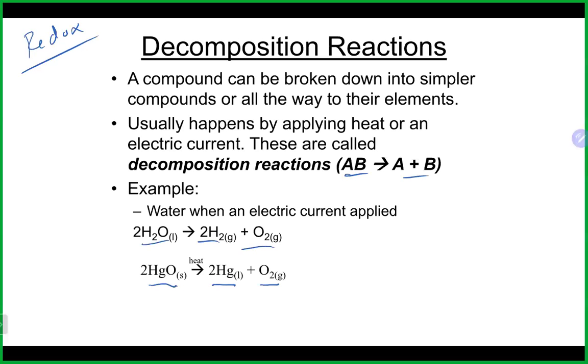These are still redox reactions. So if we look at this one here, this is mercury +2, and that is -2, 0, and 0 in this case. In this case, what is being oxidized?